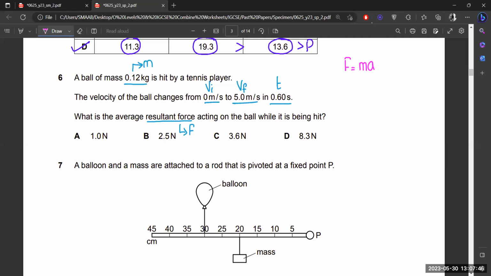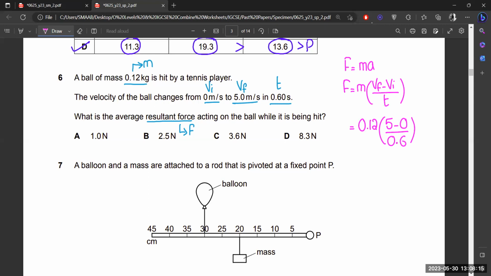But if you split the value of a, so (Vf minus Vi) over t, then it will help you find the resultant force. So mass is 0.12 kg and the speed change is final 5 meter per second minus initial 0 meter per second, divided by time 0.60.